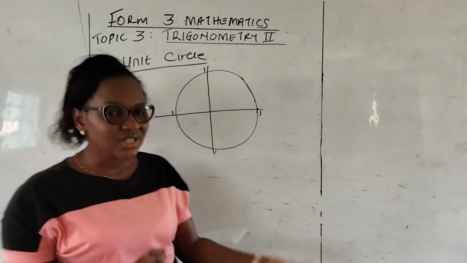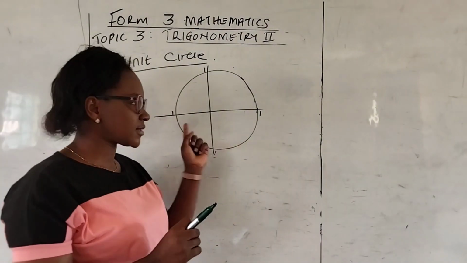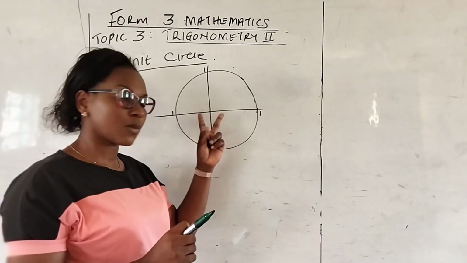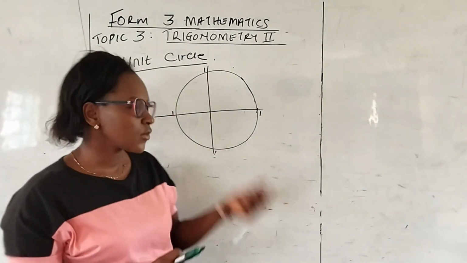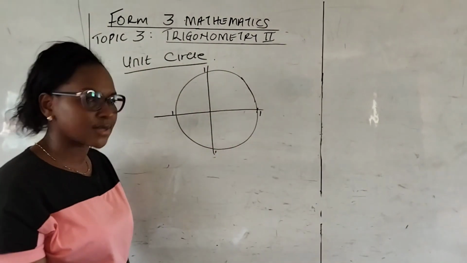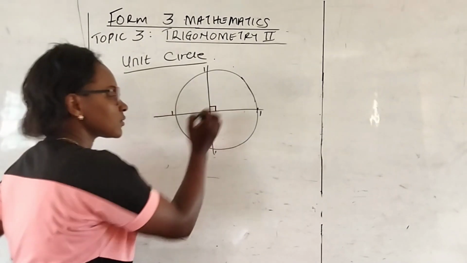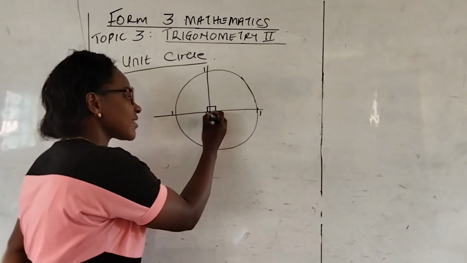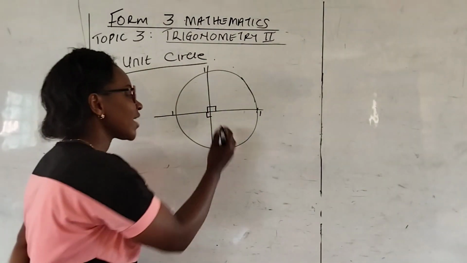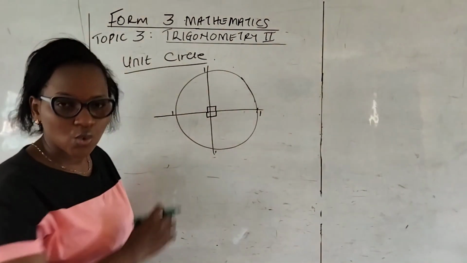And in our unit circle, we have 4 quarters, and we call them quadrants. We have the first quadrant, the second quadrant, the third quadrant, and the fourth quadrant.